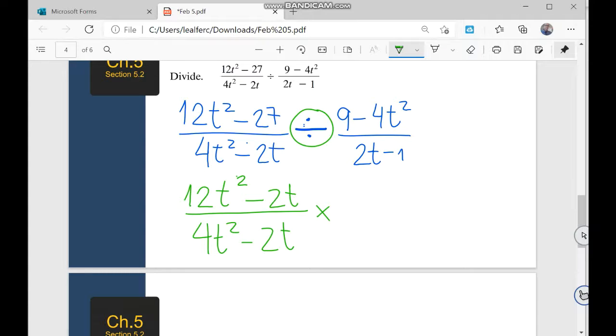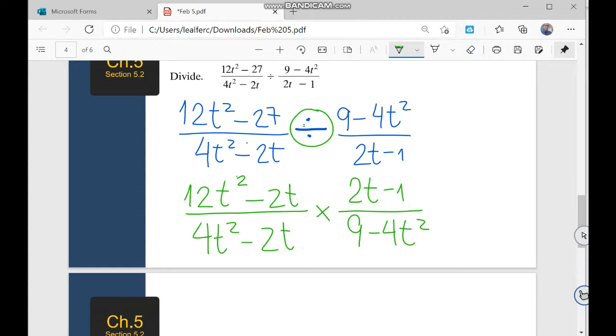So we will multiply, and the next rational expression I will reverse. I will flip. What is the denominator becomes the numerator, 2t minus 1. What is the numerator becomes the denominator.